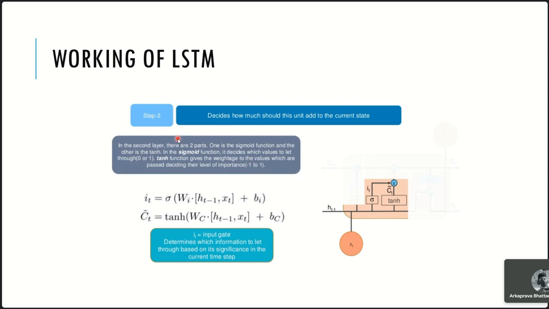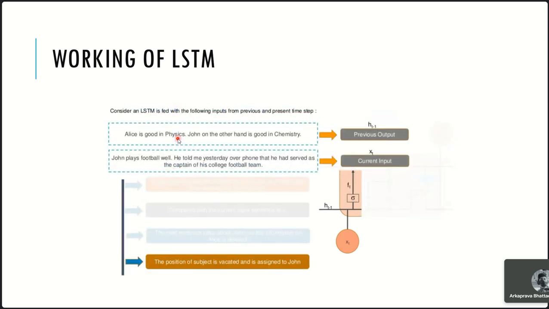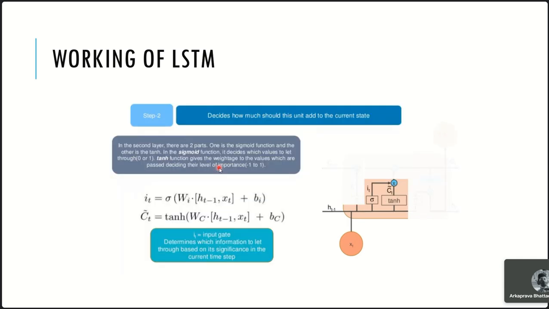But in that also, we said that John is the main important thing here, the theme of our training. But in this also, based on HT minus 1 and XT, what is the important information that we are supposed to let through?